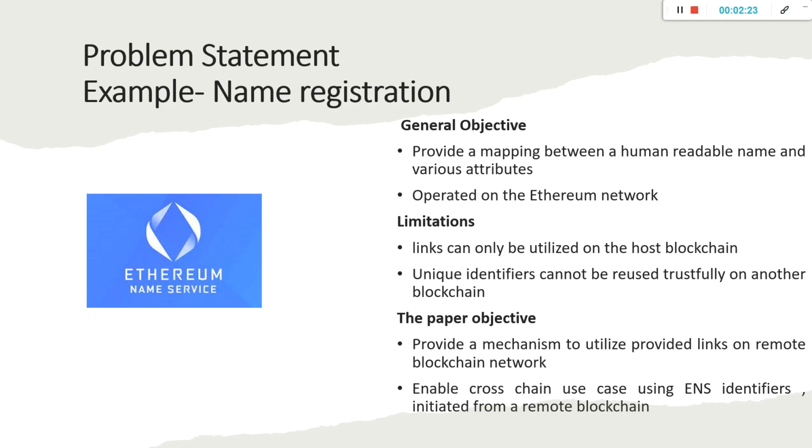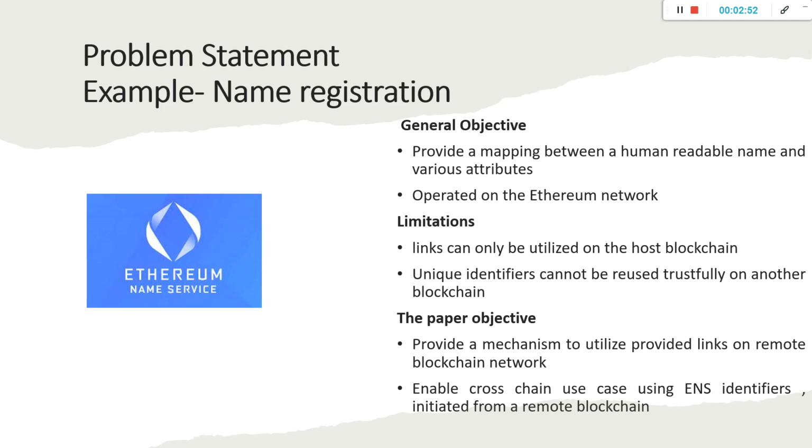An example of that lock-in effect or smart contract interaction problem is the implementation of ENS, which is the Ethereum Name Service. This service provides names for wallet addresses, but it is limited to the Ethereum network because it is a smart contract implementation, and that smart contract must be unique and cannot be copied to another network.